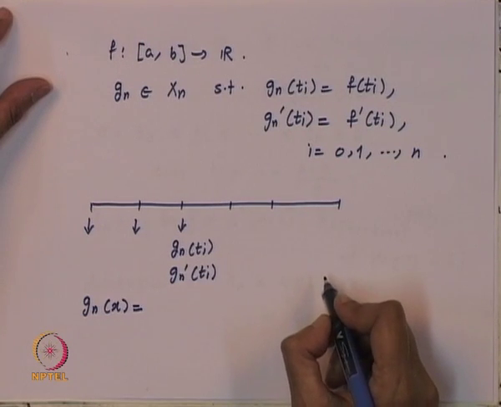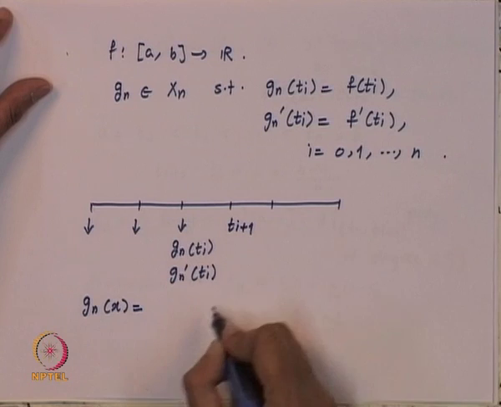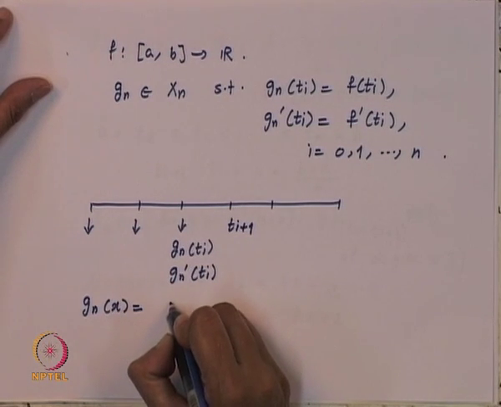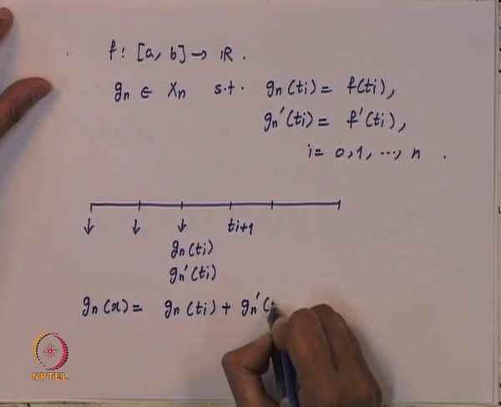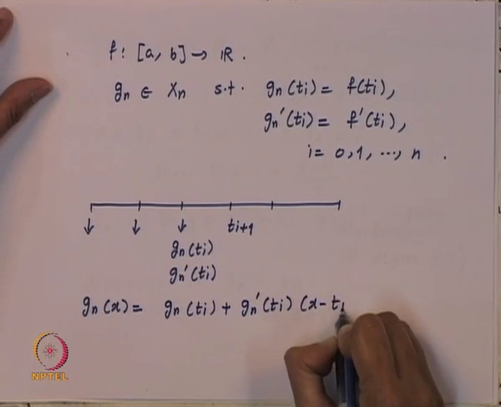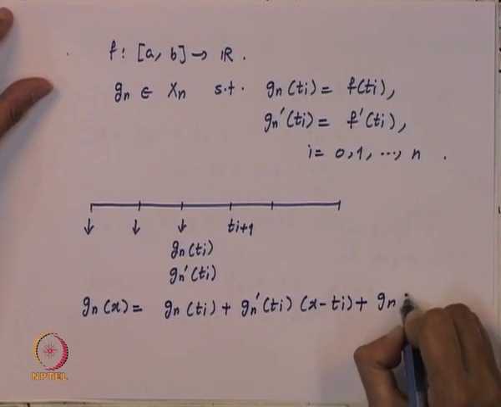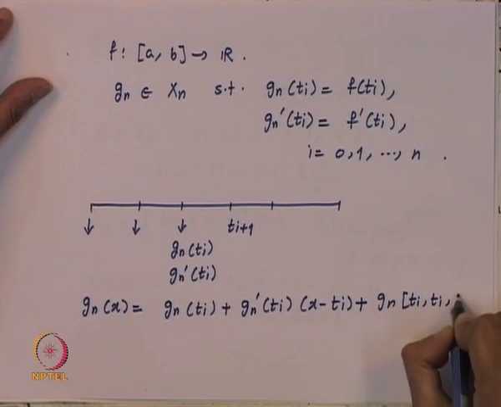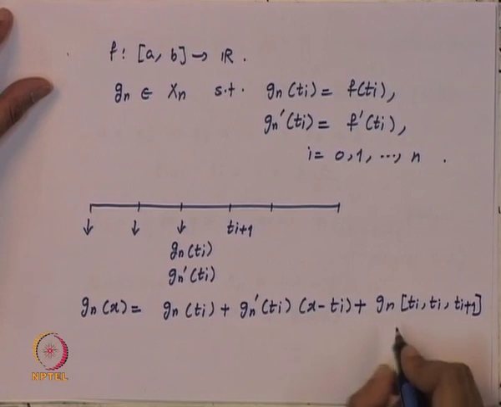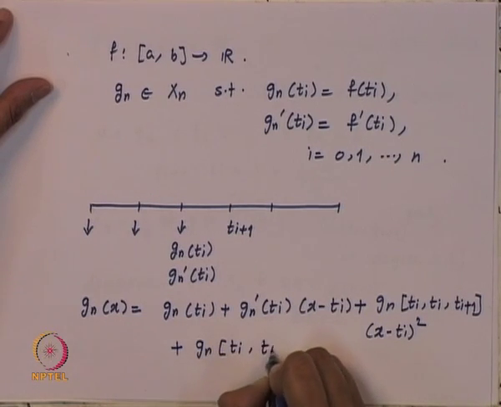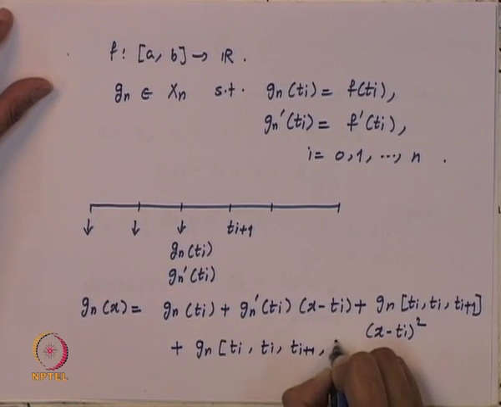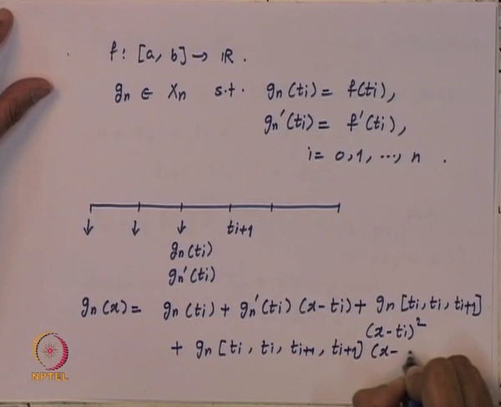And g_n(x) will be given, on the interval [t_i, t_{i+1}], because it is a cubic polynomial, by g_n(t_i) + g_n'(t_i)(x - t_i) + the divided difference of g_n based on t_i, t_i, t_{i+1} times (x - t_i)^2 + the divided difference based on 4 points t_i, t_i, t_{i+1}, t_{i+1} times (x - t_i)^2 (x - t_{i+1}).